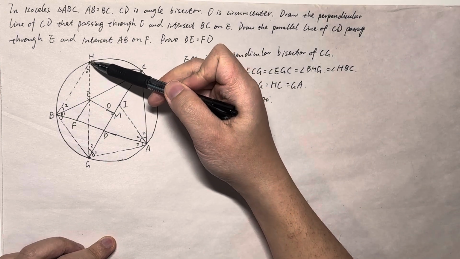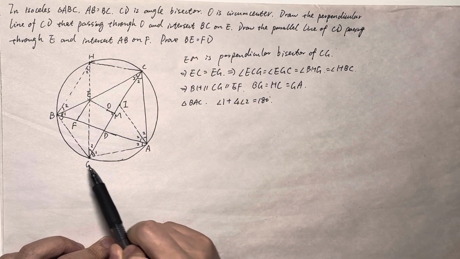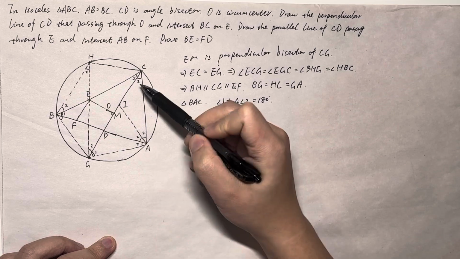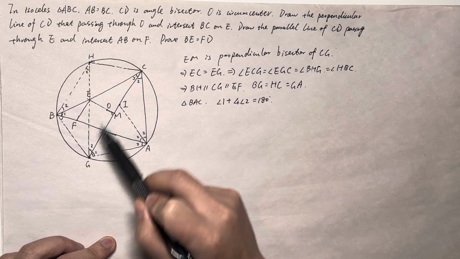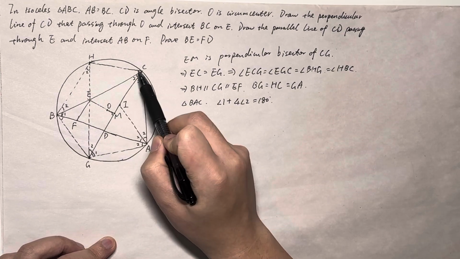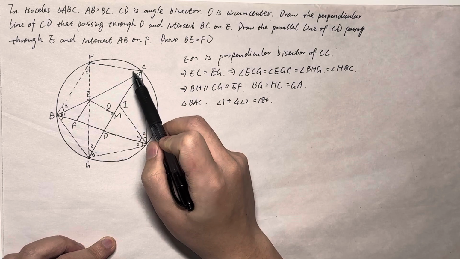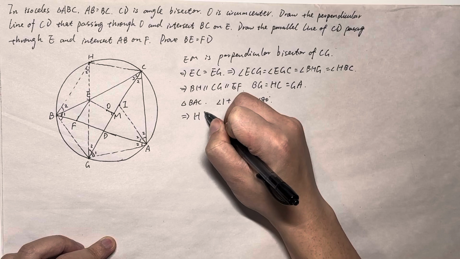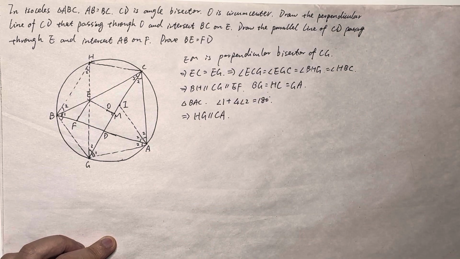We already know that angle 2 refers to arc GA, and angle 2 also refers to arc HC. So arc GA equals arc HC, which means HG is parallel to CA.